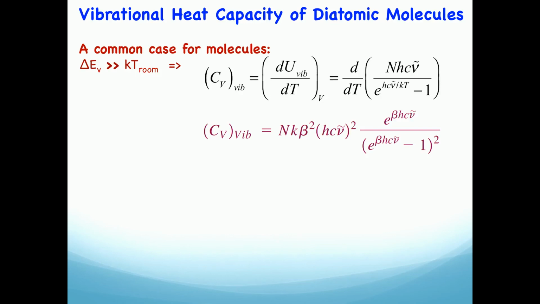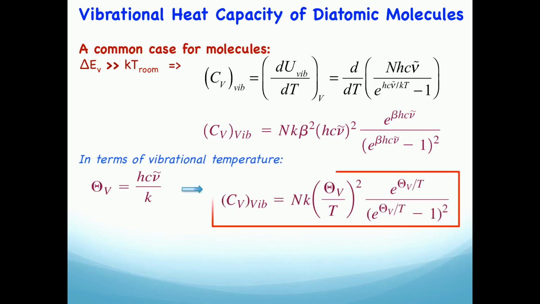So if you really take this derivative, you get this to the -2, taking this squared, and this term goes up, and in the derivative this exponent stays, with some coefficients getting in front. Now putting this in the form of vibrational temperature, we get a somewhat simpler form, N k zeta vibrational over T squared, and then exponent zeta over T over the exponent zeta over T minus 1 squared.